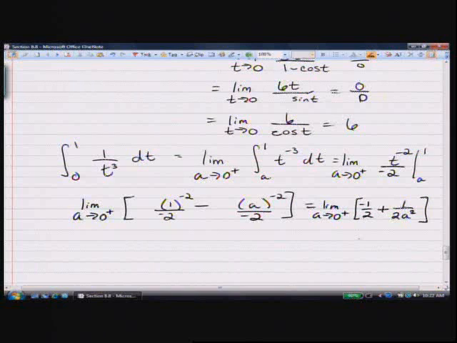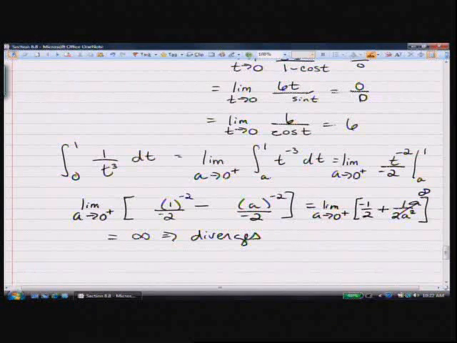They're like fractions, like a half, a third, a fourth, a tenth, a thousandth, 100,000th, right? Really small numbers coming in from the right. So where is 1 over 2a squared going? It's going to infinity. So that means that this is infinite, which implies that it diverges.